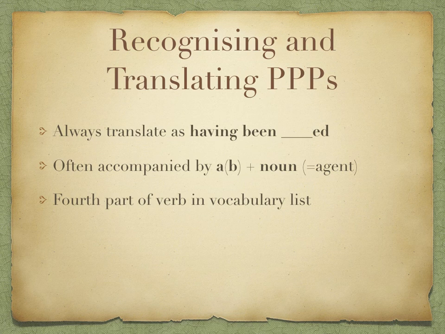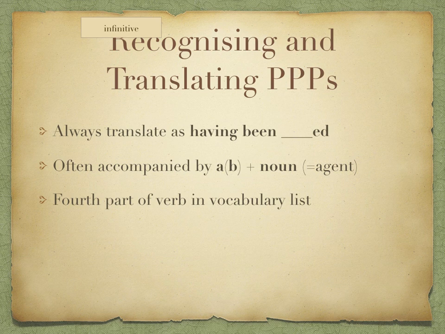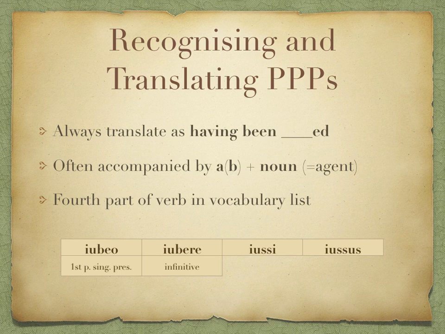So when you look up a verb in your vocab list or a Latin dictionary, you'll get four parts like this. So here, for example, we have iubeo, iubere, iussi, and iussus, and that would be given the meaning "order" in a dictionary. The first part is always the first person singular present form, so "I do something." Iubere is the infinitive, so "to order."